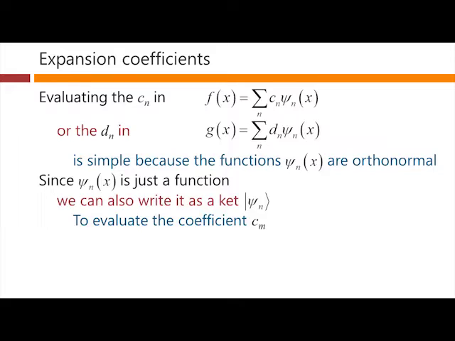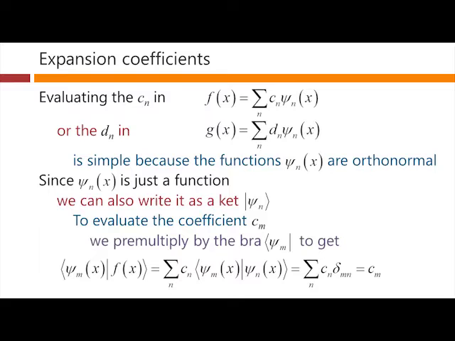And to evaluate some specific coefficient Cm, for example, all we do is pre-multiply by the bra vector. So, pre-multiplying the ket vector f of x by the bra vector psi m of x, let's look at what that does. We'll put that inside the expansion now.